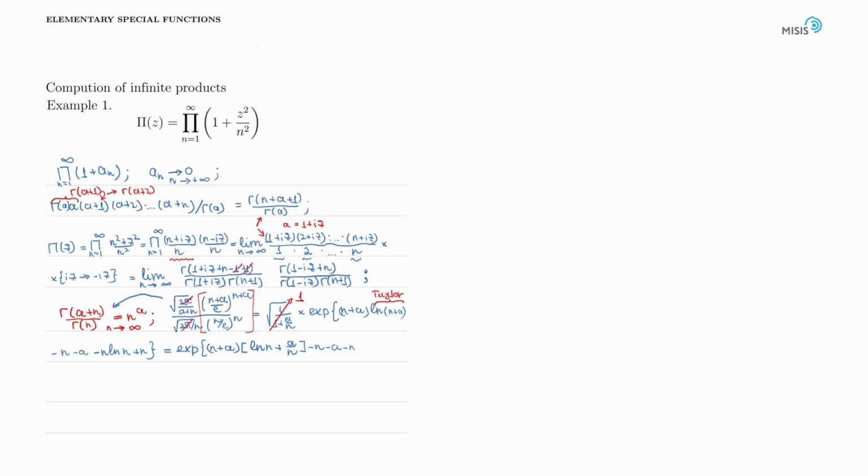Well, the rest is not so obvious, so let's actually expand it. So exponential of n logarithm n plus a logarithm n, sorry, okay, like that, and minus a minus n logarithm n.